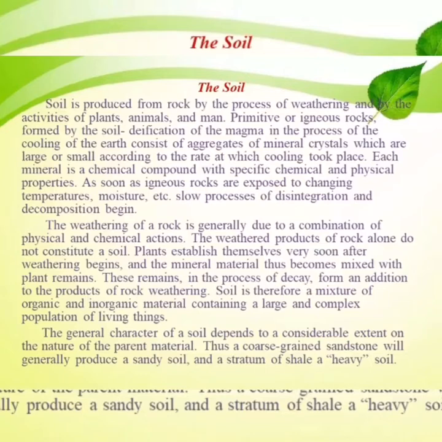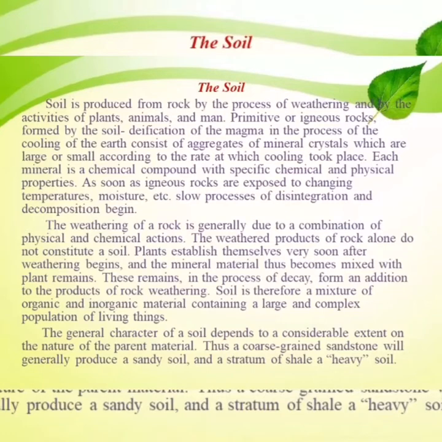The weathering of a rock is generally due to a combination of physical and chemical actions. The weathered products of rock alone do not constitute a soil. Plants establish themselves very soon after weathering begins, and the mineral material thus becomes mixed with plant remains. These remains in the process of decay form an addition to the products of rock weathering.